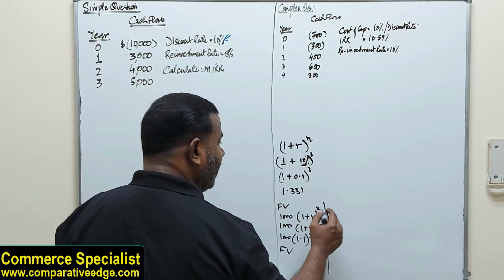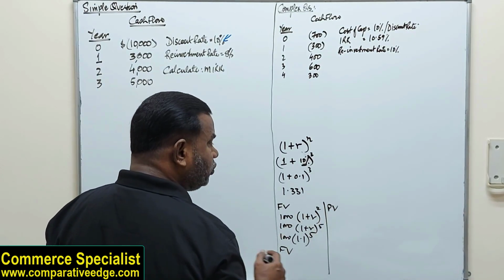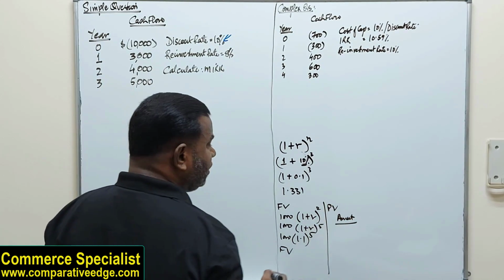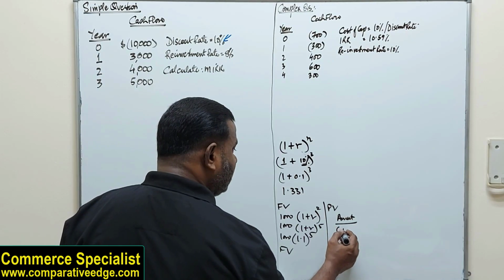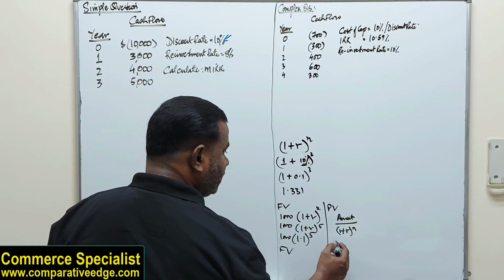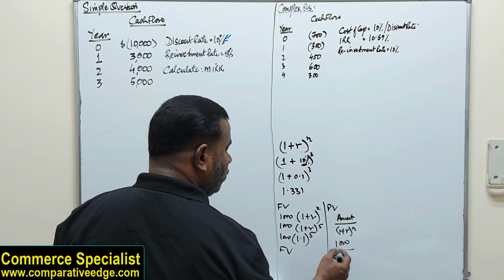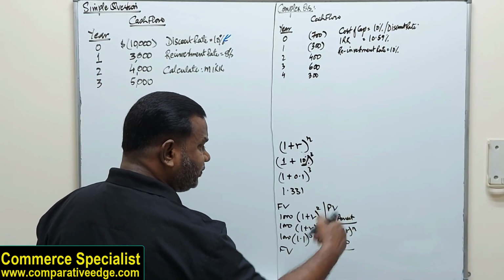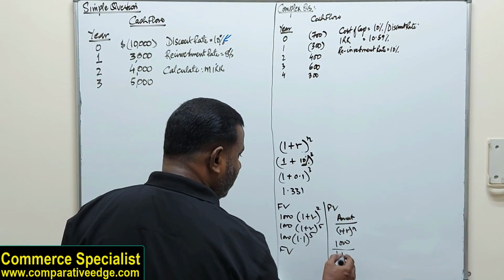Likewise, if you want to find the present value, you write the amount, whatever is the amount, and you divide it by 1 plus r to the power n. So let's say the amount is 1000 and you are getting this 1000 after 1 year and you want its present value, so you divide it by 1.1.